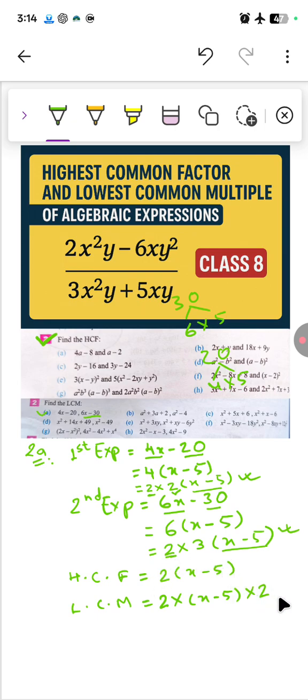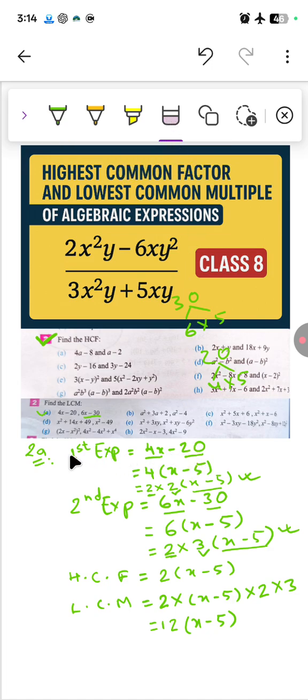In the second expression 3 is left, that will also be multiplied. So the common factor into the rest of the factors will be the LCM. Numbers can be multiplied. 2 2s are 4, 4 3s are 12. 12 multiplied by x minus 5 is our lowest common multiple.